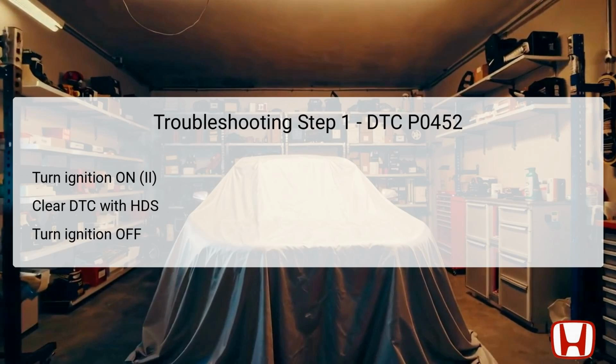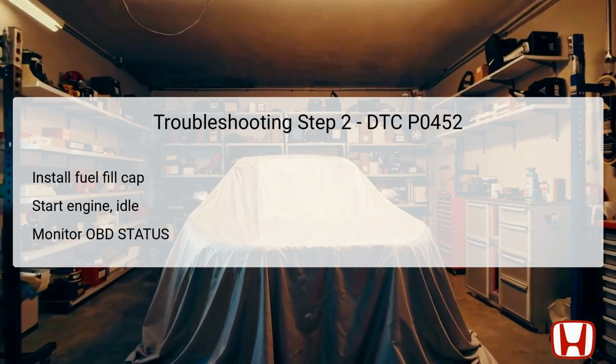After clearing the DTC, turn the ignition switch to the off position to complete the initial check. This step helps in establishing a clean slate for testing by erasing previous fault codes, giving you a fresh start to diagnose any existing issues accurately. It is vital to perform a thorough check to see if the DTC returns after executing this step.